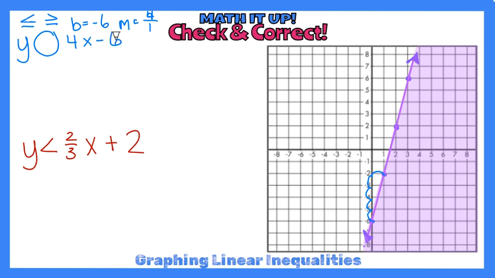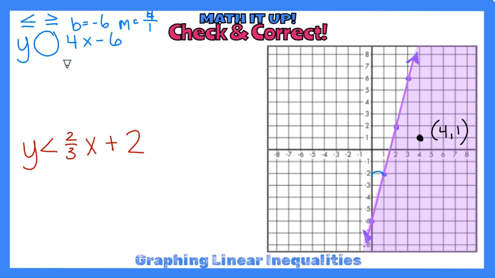And now it's time to figure out what the symbol is. What we do for that is we pick out a point on the graphed side and use it as a test point. So I'm going to use (4, 1) as my test point and see what it tells me to do with the symbol here.